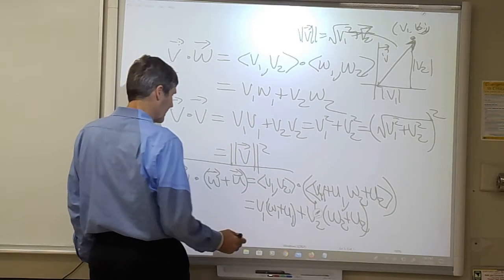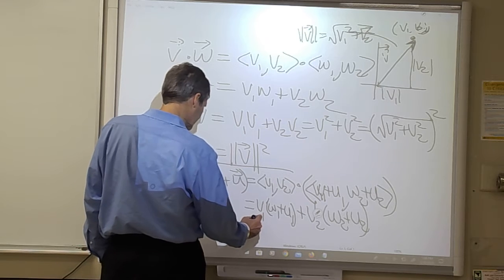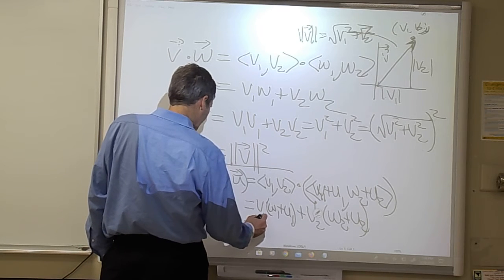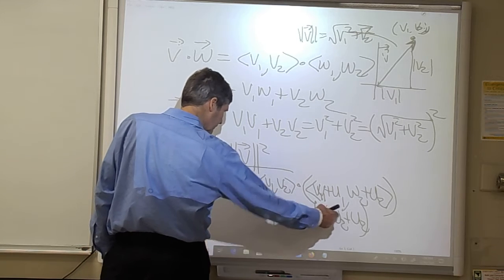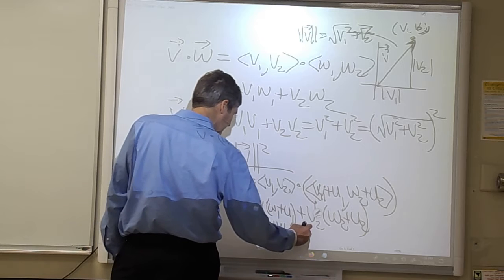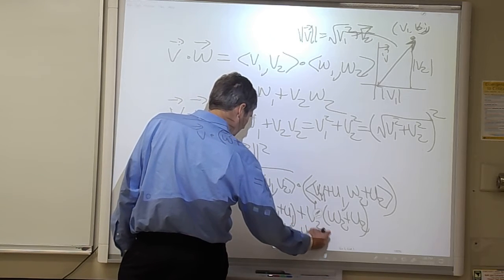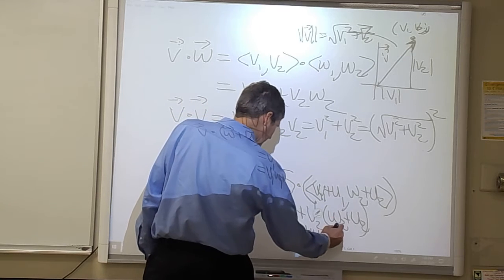And now you can rearrange those as v1 w1 plus v2 w2. Just multiply them and put them in a different order, plus v1 u1 plus v2 u2.